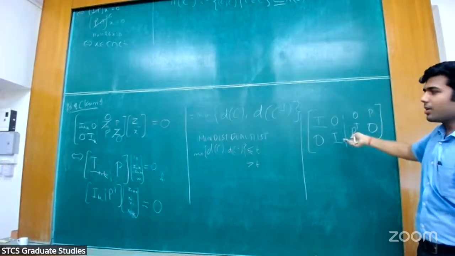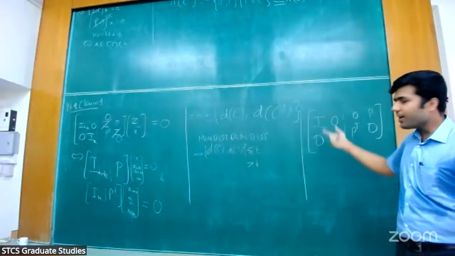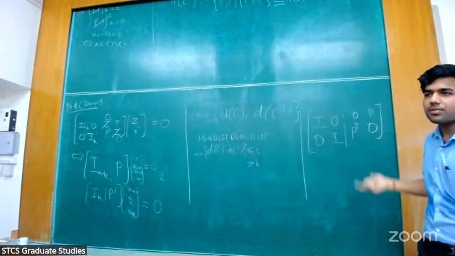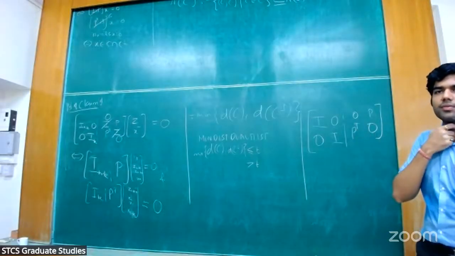That will also turn out to be this value, the minimum of distance of C and distance of the dual of C. And the rate of that code is going to be half because this is an n cross 2 matrix. So that gives the hardness of rate half codes.